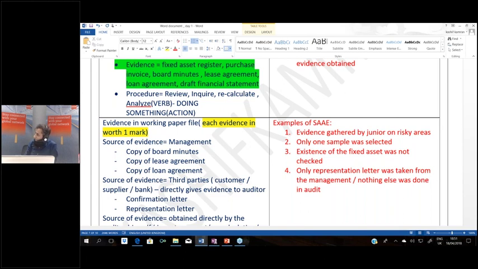Can I only rely on the representation and do nothing? Criticize, right? Because representation is the last resort. So I have to do something first, then rely on the representation.